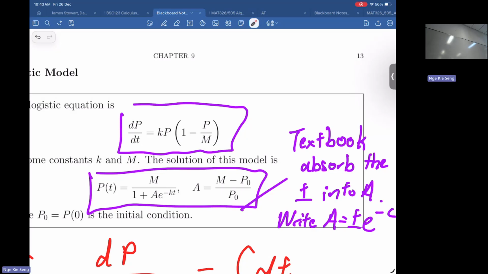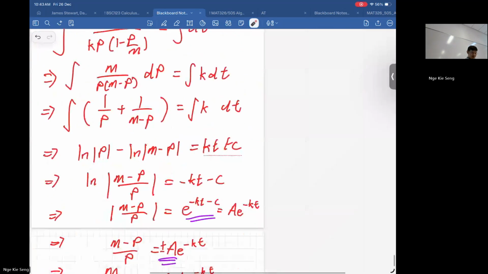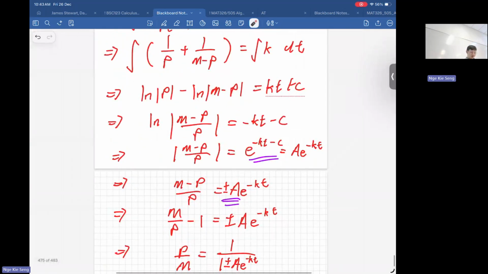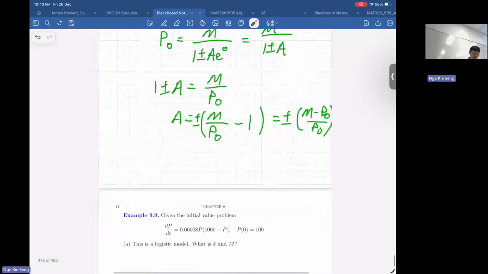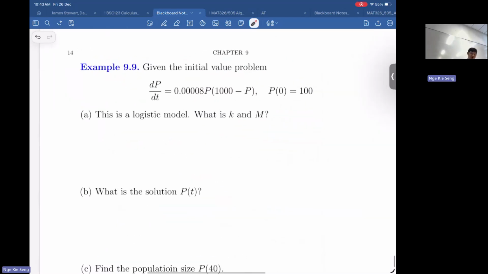This number also makes sense, because M is the largest number you can reach, and P naught is the starting population. So let's try this formula. In future you need to worry about this plus minus sign, but now no need. So just try this.